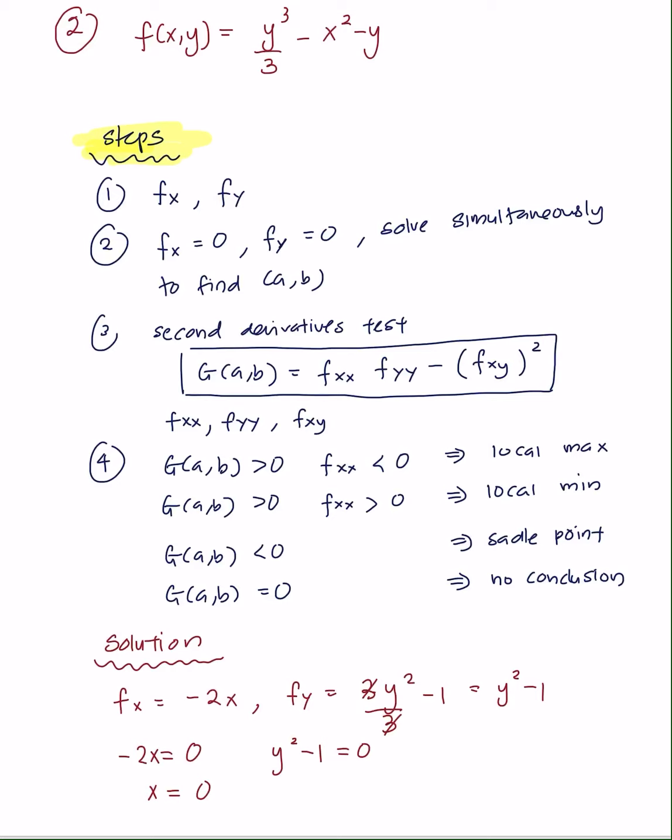So we will have y squared equal to 1, therefore y equal to plus minus 1. So our critical points are (0, 1) and (0, -1).